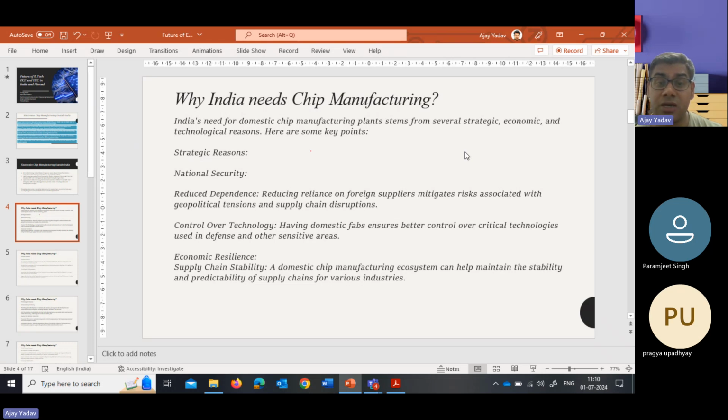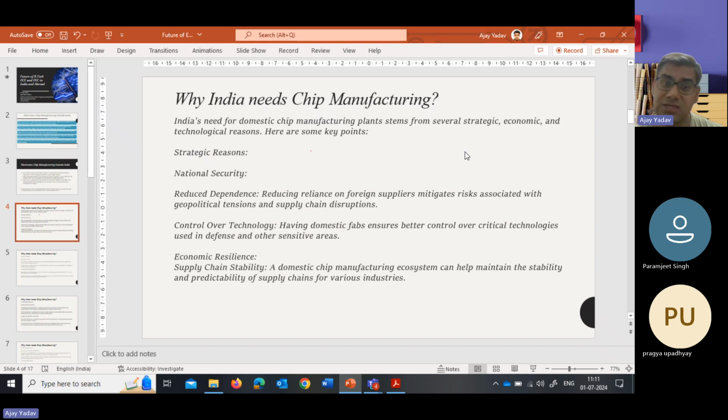When a country is so dependent on this, and our demand for electronic products is increasing day by day, by 2030 people are estimating it will be around $111 billion, and the world demand for electronics is around $1 trillion. It is the vision of our prime minister that we want India to be a $5 trillion economy. And when you want this to happen, you need to stop importing electronic products from your neighbors like China.